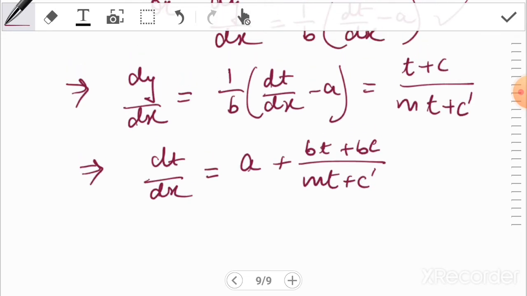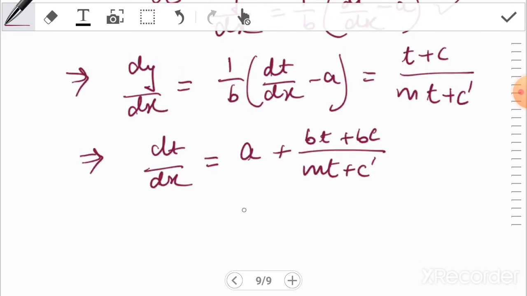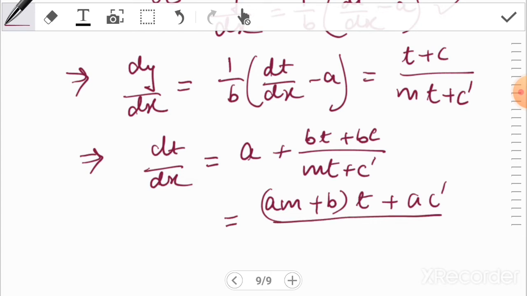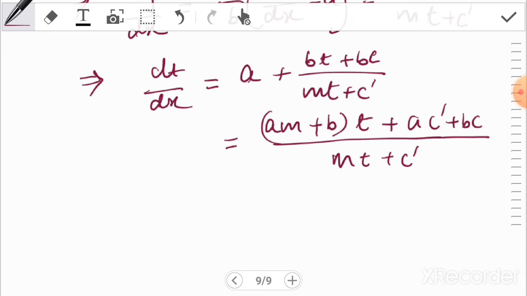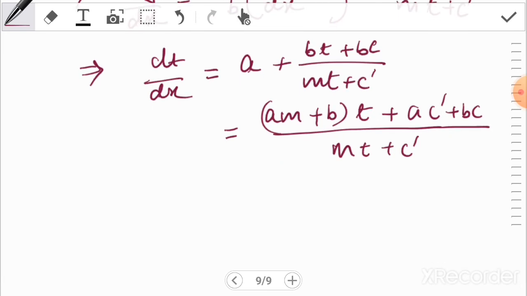Again this is equal to am plus b times t plus ac dash, whole divided by mt plus c dash in the denominator, so that the variables are now separable.